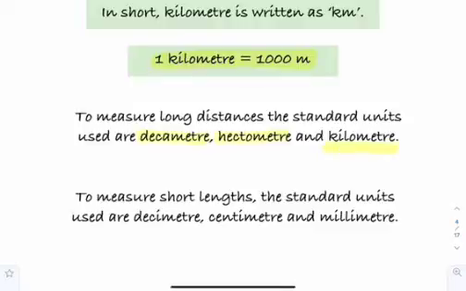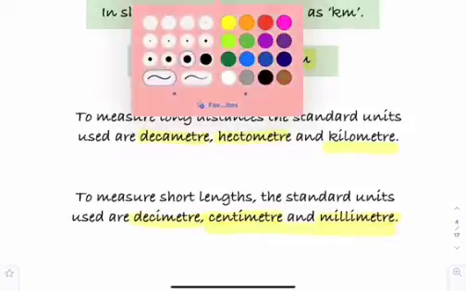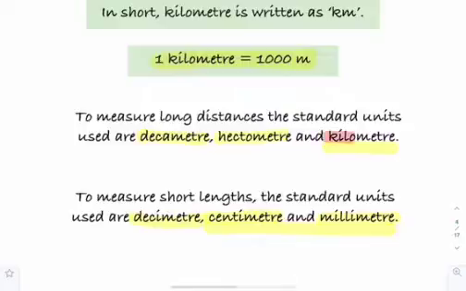And to measure short lengths, the standard units are decimeter, centimeter, and millimeter. All of you know that we use these two very regularly. So commonly used units are kilometers, centimeters, and millimeters.